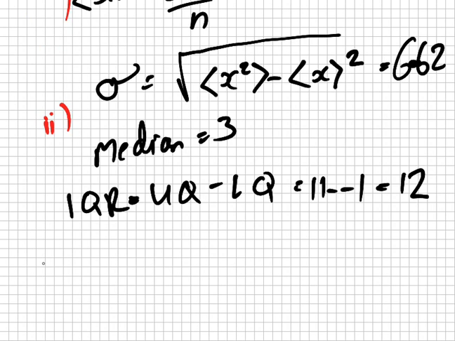Do you remember I said that, roughly speaking, the interquartile range should equal twice the standard deviation? Do you think that's true here? Yeah, it is, isn't it? So it means we probably did everything fine. Okay, that's number 6.